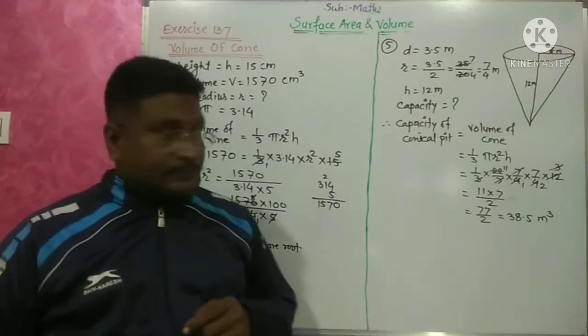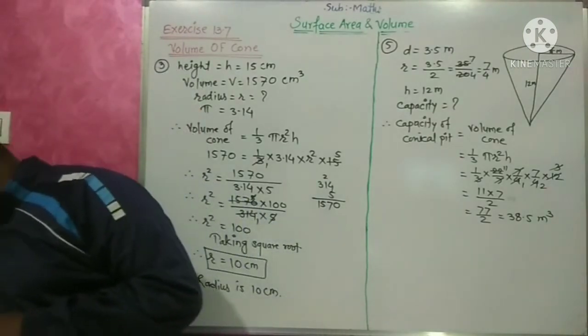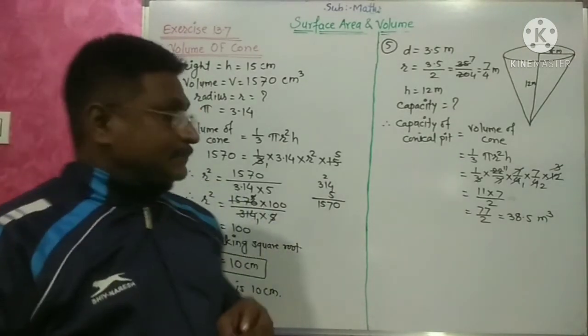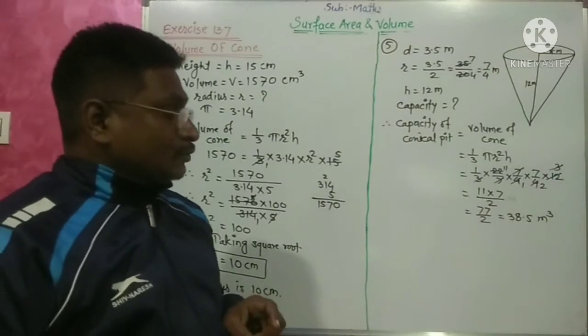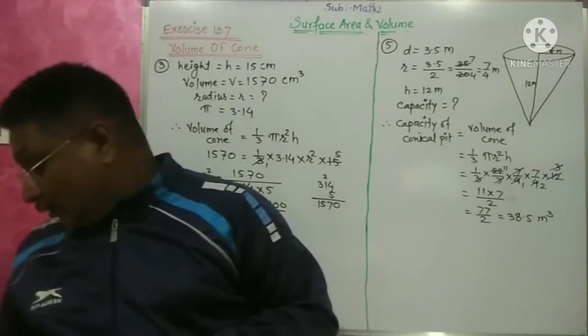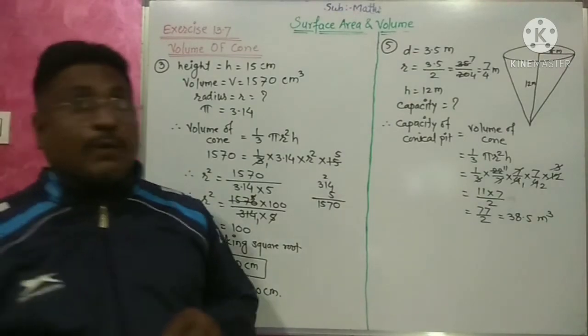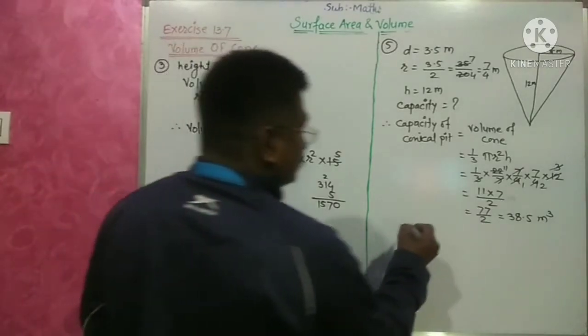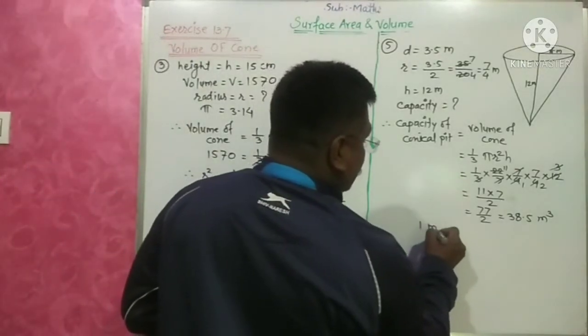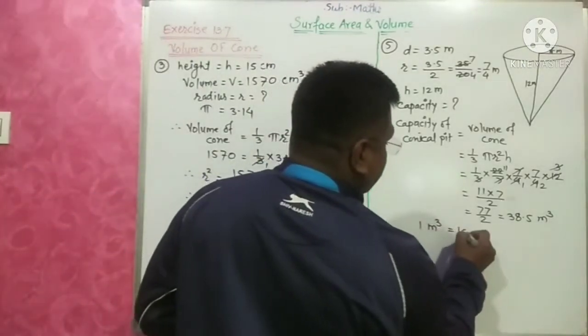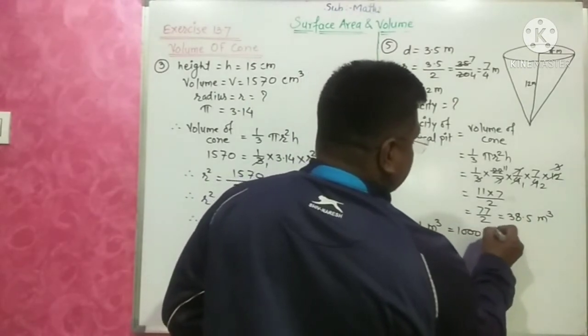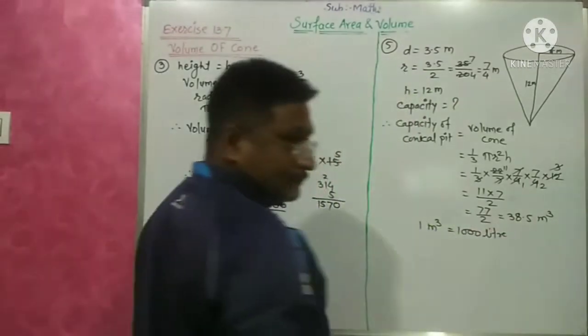But they asked the question in kiloliter. So how to find it in kiloliter? What is the unit? So 1 cubic meter equals 1000 liter.